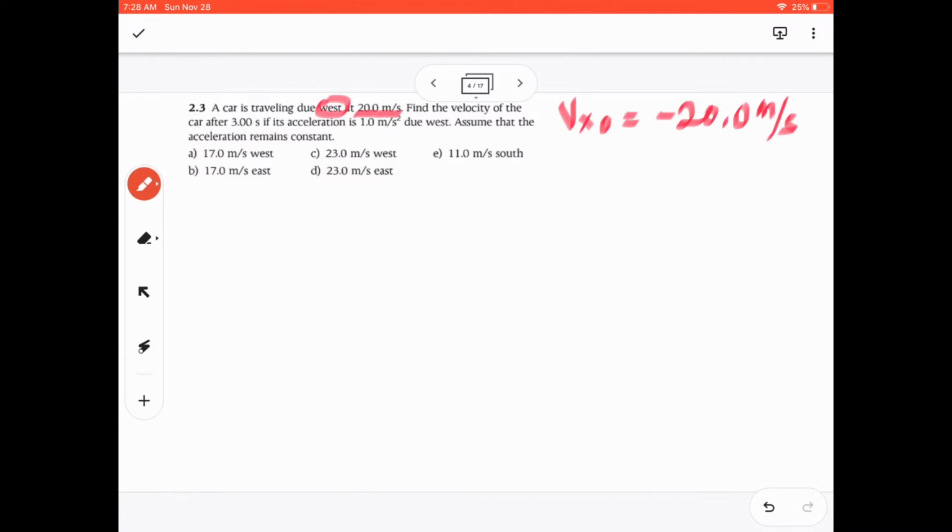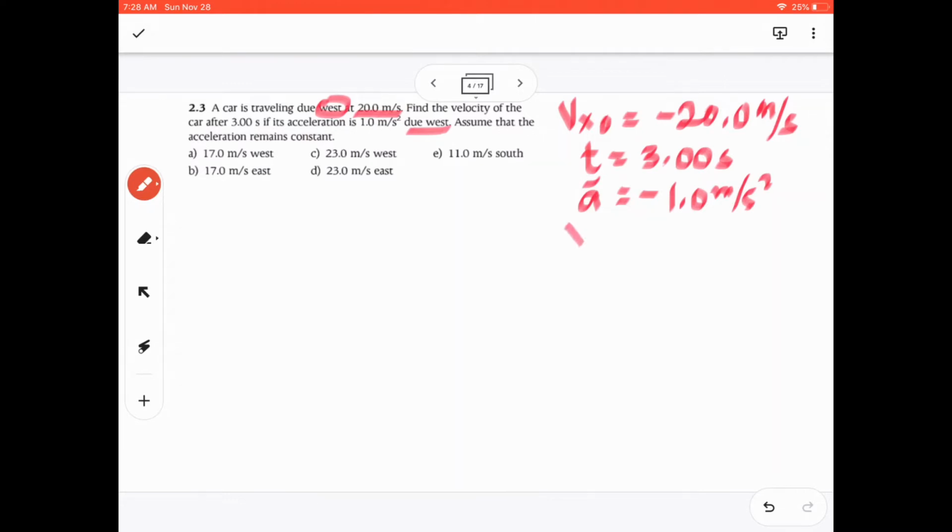Find the velocity of the car after 3 seconds. t is equal to 3.00 seconds. And if its acceleration is a equal to 1.0 meters per second squared due west, again this is negative, assume that the acceleration remains constant.